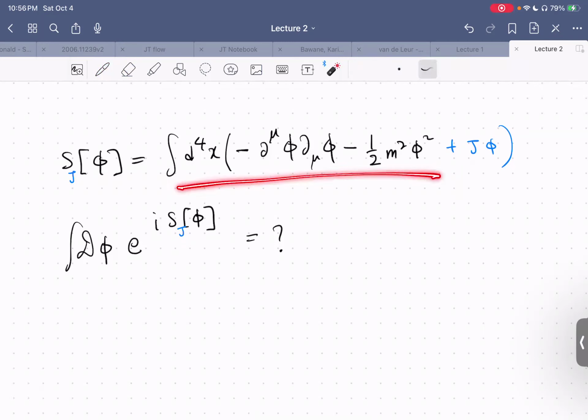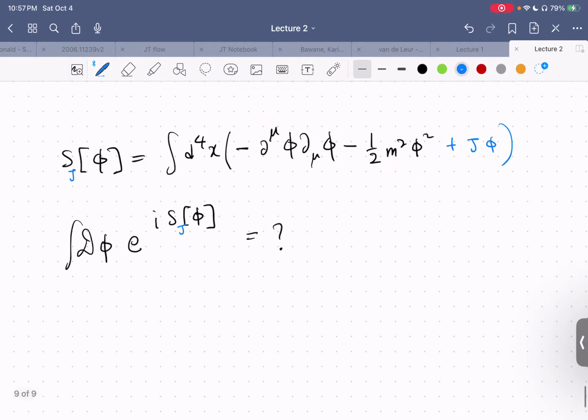here we can do an integration by parts for the kinetic term to put the derivative on the other side. This is the same as, and I'm also going to do something.